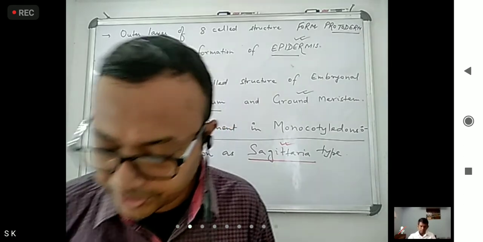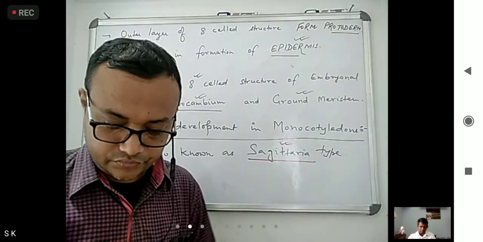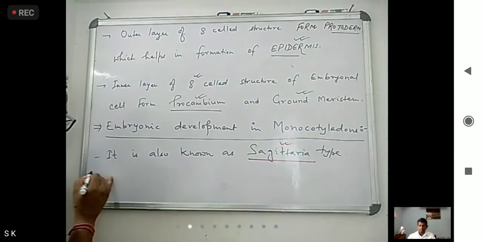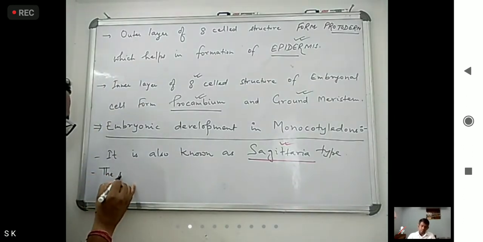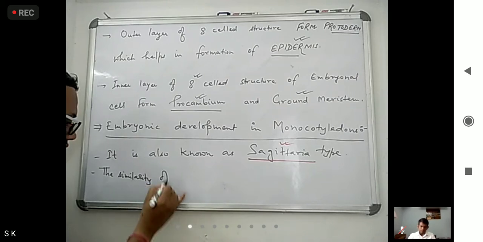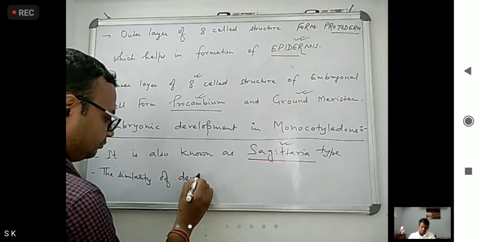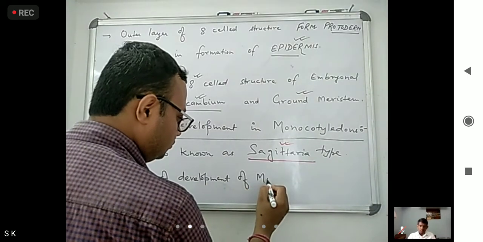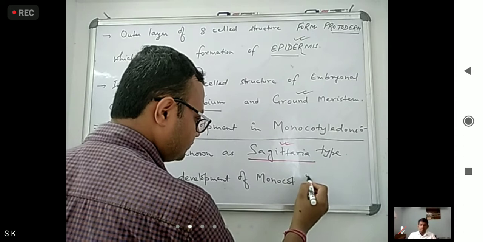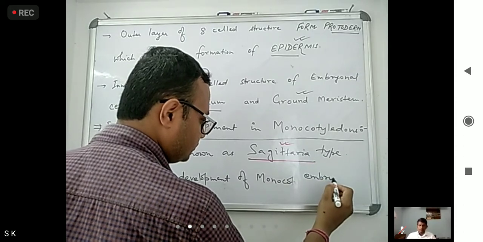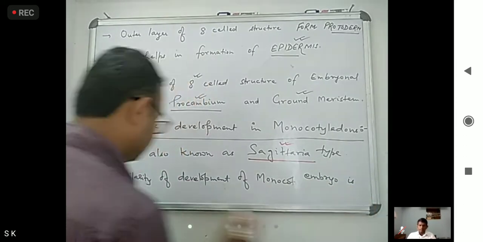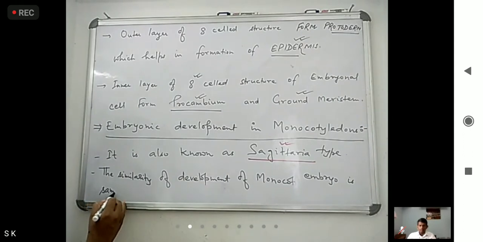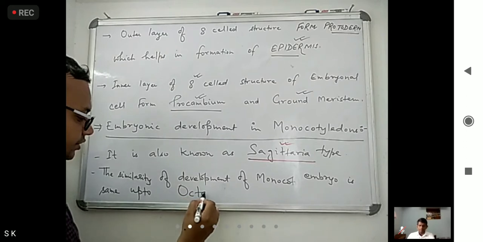So this octant stage has similarity with monocot. So what we can say is the development of the monocot embryo is the same up to octant stage.